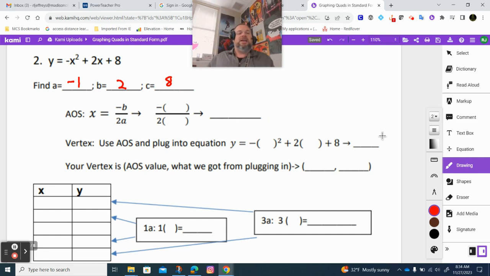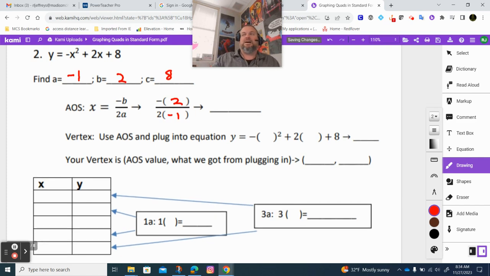All right. So now let's plug it in. So 2 goes here, negative 1 goes here. All right. So negative times 2, negative 2, or 2 times negative 1 is negative 2.